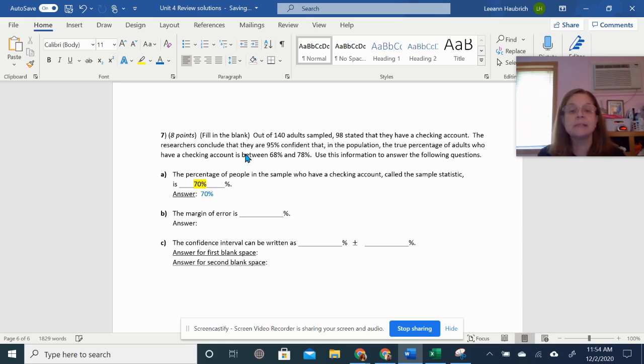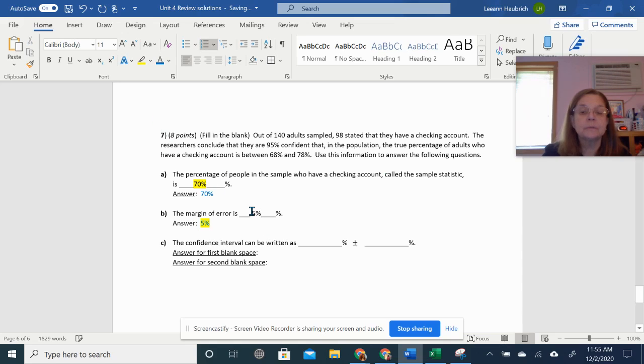And I can almost see the smack right in the middle of those two numbers right now, because 68 to 78 is a spread of 10, which means the margin of error has to be 5. But I'll prove it to you. The margin of error has to be 5%, but I will prove that to you in a second.